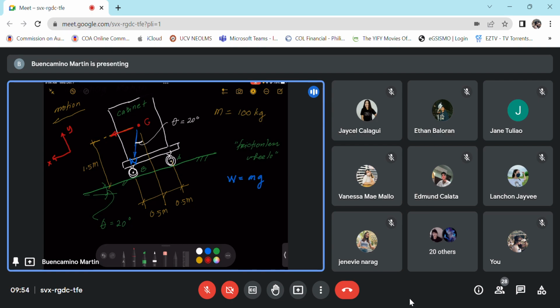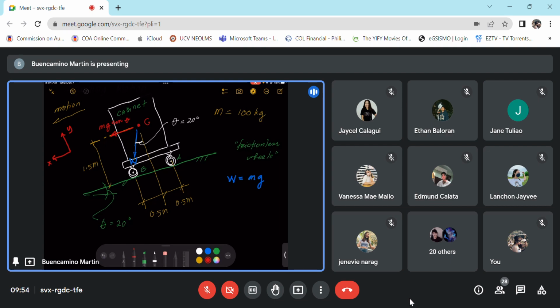Okay. So, ang component natin along x would be written as mg times sine of theta.